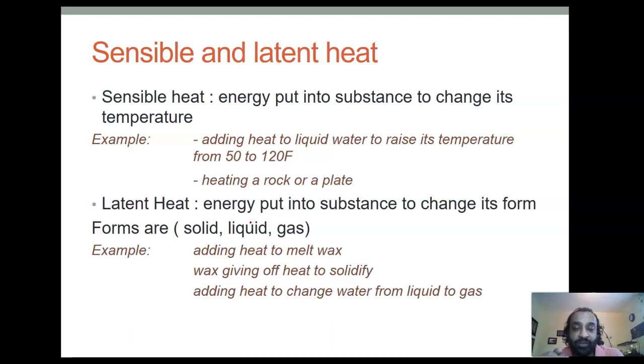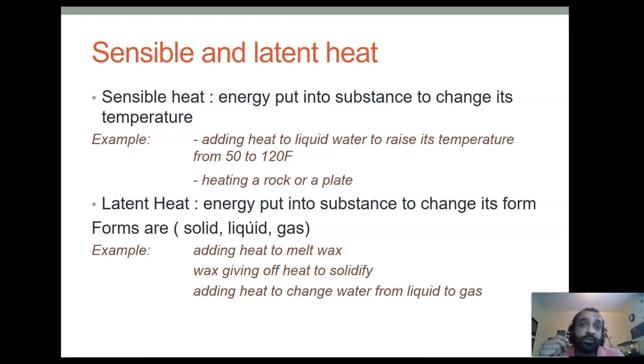So what is happening with all this heat you're putting into the pot? It's probably just used as latent heat to melt the ice. So energy put into a substance to change its form from solid, which is ice, to liquid.